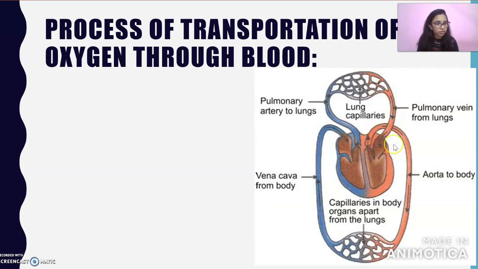It enters the left atrium, then the left ventricle, and then through the aorta it enters throughout our body, where there are capillaries. So remember this: right atrium, right ventricle, pulmonary arteries to lungs, pulmonary veins to left atrium, left ventricle, and afterwards through the aorta it circulates throughout our body.